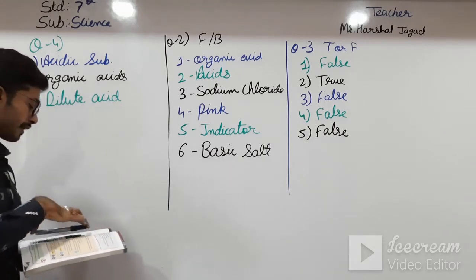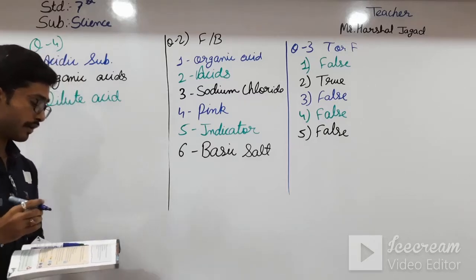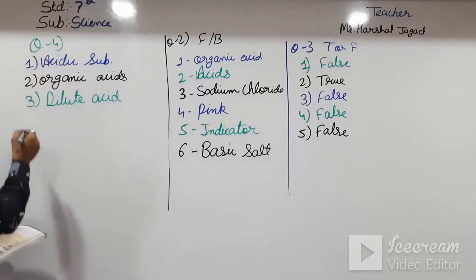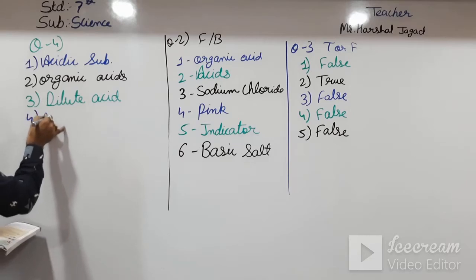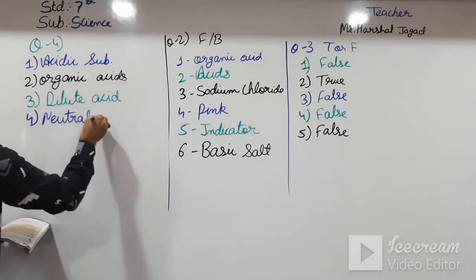Fourth one, substances that do not show a change in color in any of the indicators are neutral substances.